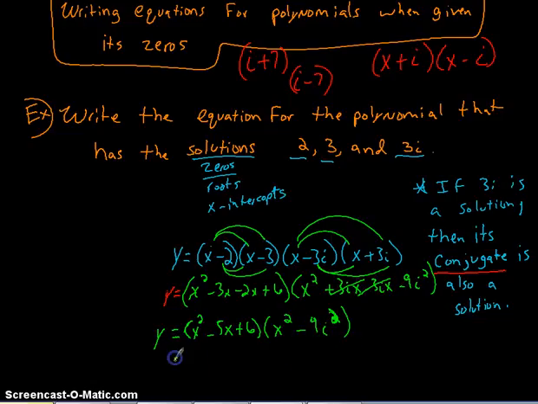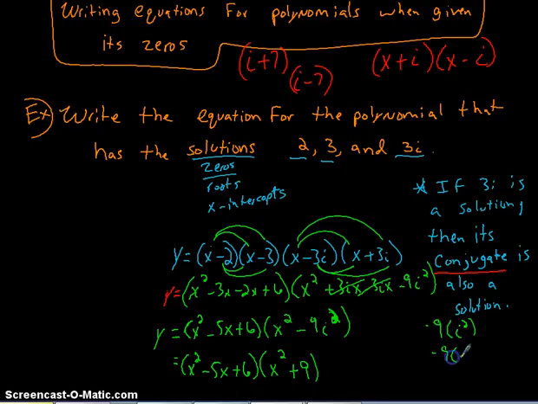So what we now have is x squared subtract 5x plus 6, times x squared plus 9. The reason it says plus 9 is that negative 9 times i squared means negative 9 times negative 1, and negative times negative is positive 9.